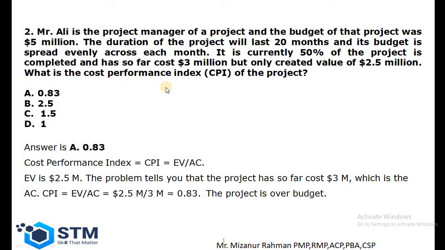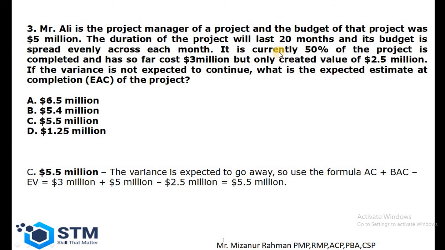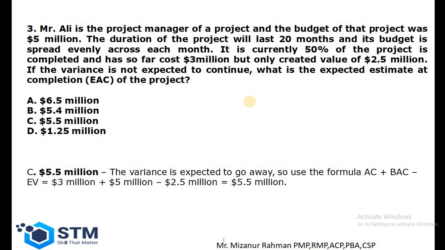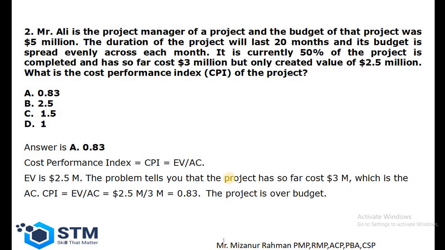From the previous question the earned value is 2.5 million and actual cost is 3 million. So the cost performance index becomes 0.83.